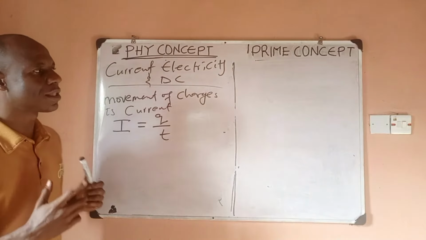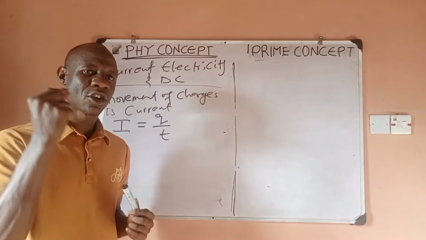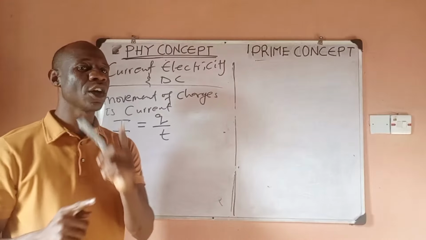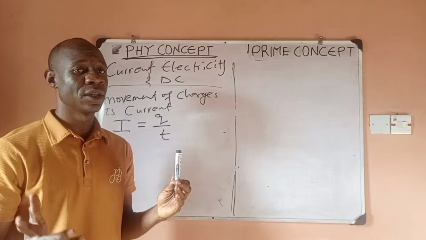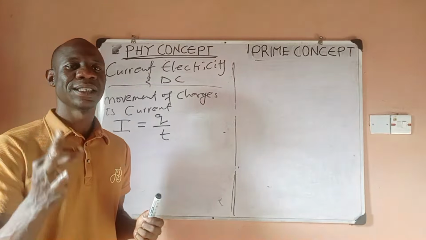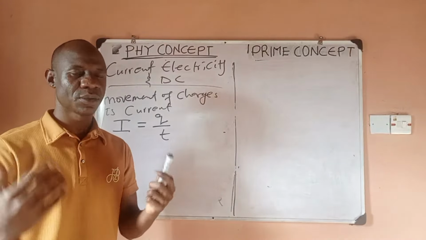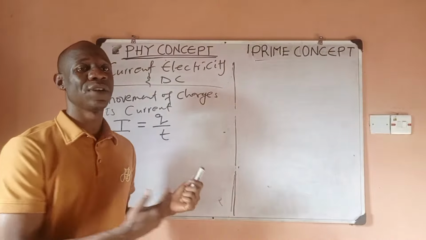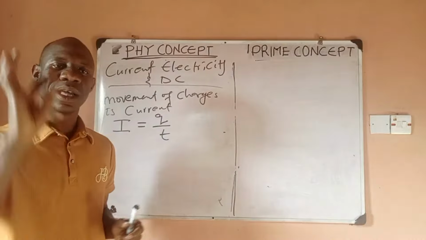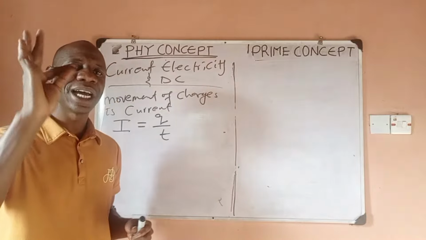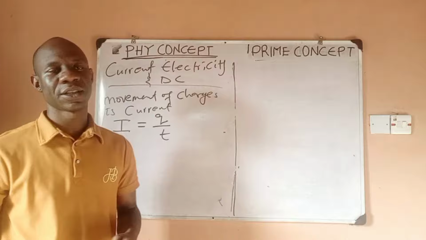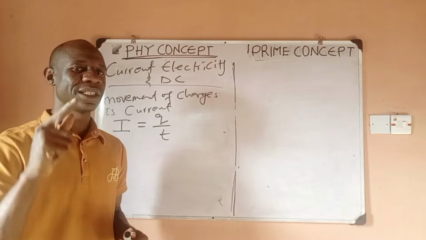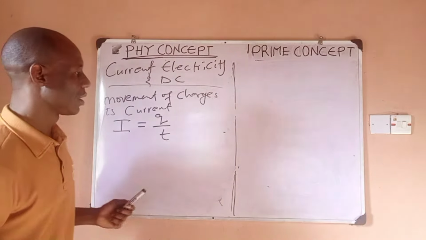Now you should know that electric current actually flows in the opposite direction of the electron. This is an exam question. They will ask you, current in a circuit flows in what direction? Option A, in the direction of electron. That is wrong. Electric current flows in the direction opposite to the flow of electrons, or you can say it flows in the direction of a positive charge in a conductor.